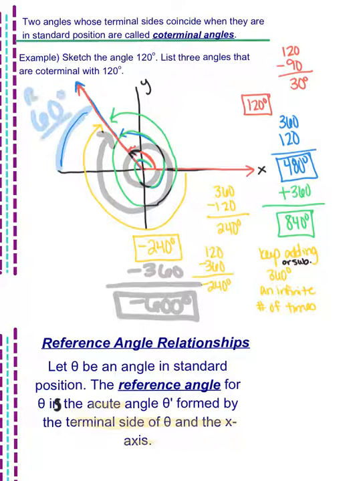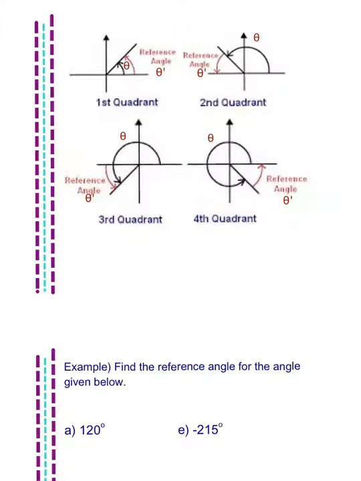I'm going to put RA for the reference angle so that we don't get that confused later on. So 120, 480, 840, negative 240, negative 600. They all are coterminal and they all have the same reference angle of 60 degrees. Remember, reference angle is terminal side to x-axis. Here, that I think is really helpful.